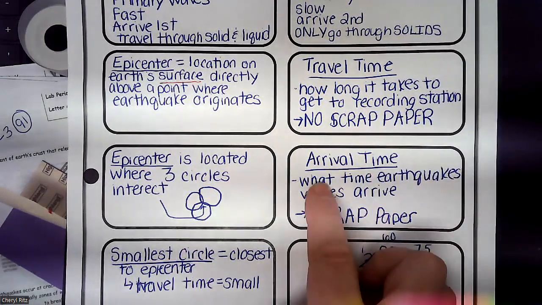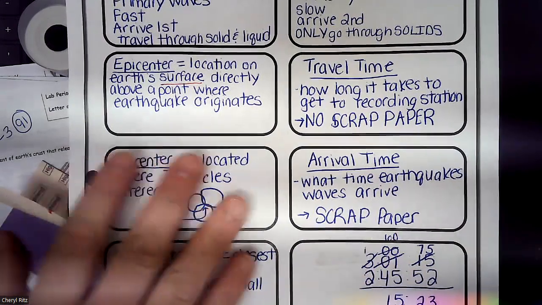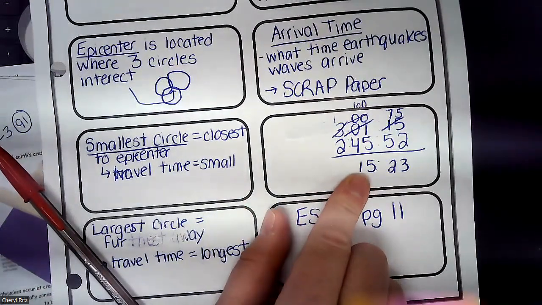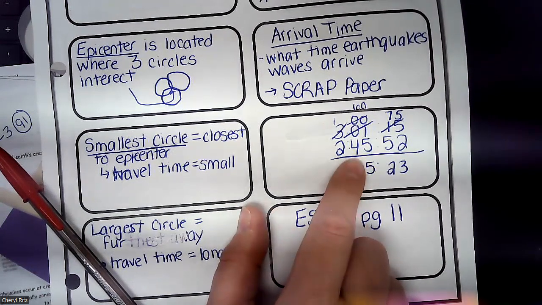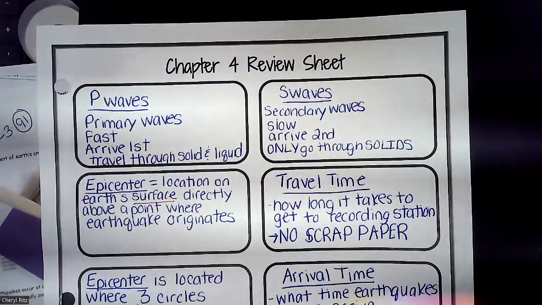However, when you get to arrival time questions, that's when the earthquake actually arrives, and you do need scrap paper. I did give an example of how to subtract time. That will be important. I know in lab, a lot of people are getting stuck on the subtracting time part. And then finally, I just reminded you to use ESRT page 11. Keep this handy. We're going to refer back to it by the end of the period.